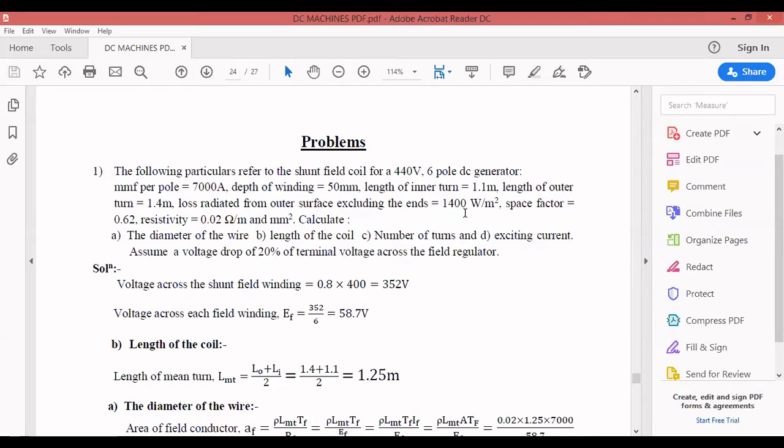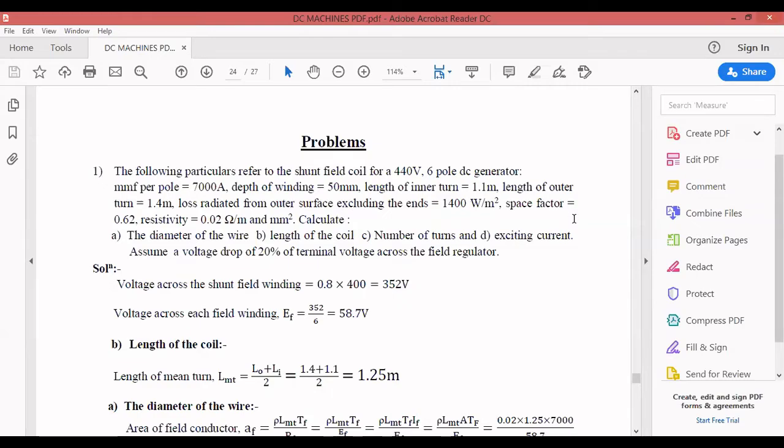So you have to find the area of your field winding; it may be 2 meter square or 10 meter square, and multiply with 1,400. For example, if the area of your field winding comes to 5 meter square, then 1,400 into 5 will be the loss dissipated from the outer surface.